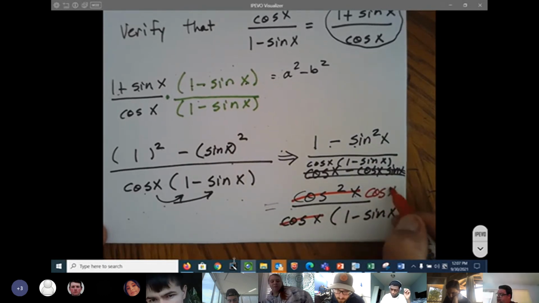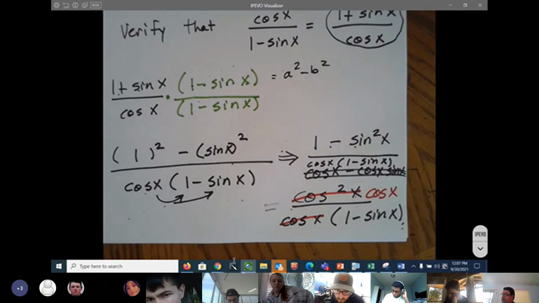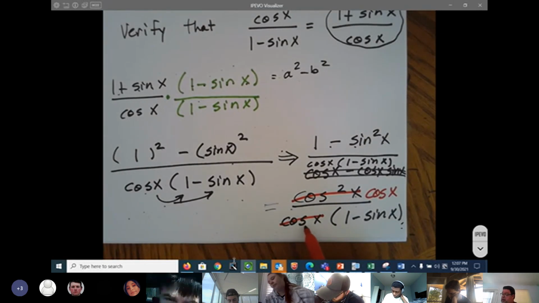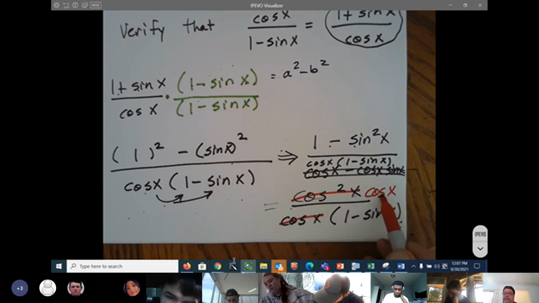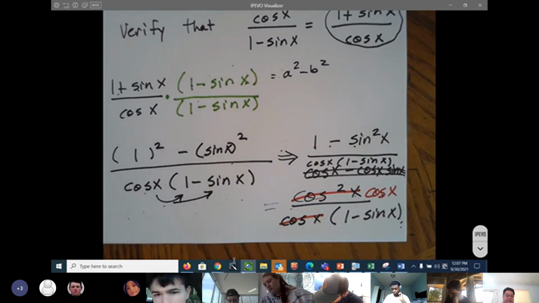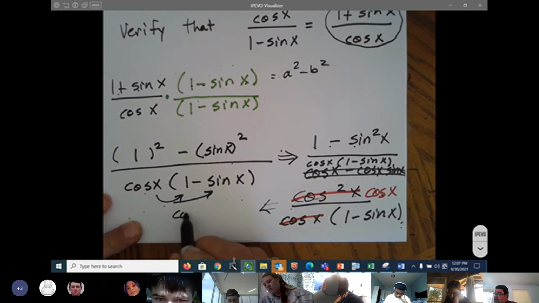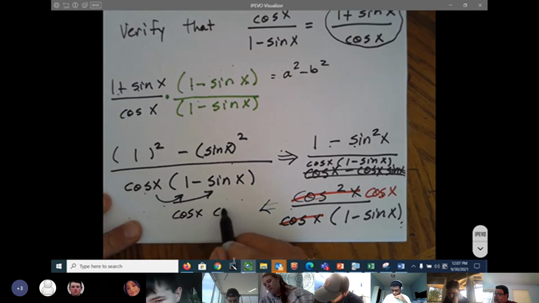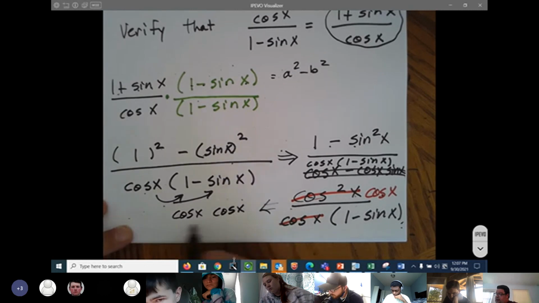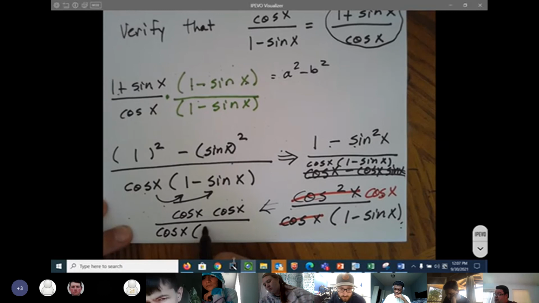All right, so cosine squared over cosine is cosine of x over this. Because this cosine goes away, and one of these cosines goes away. Or I could write it like this: cosine of x times cosine of x over cosine of x times 1 minus sine of x.